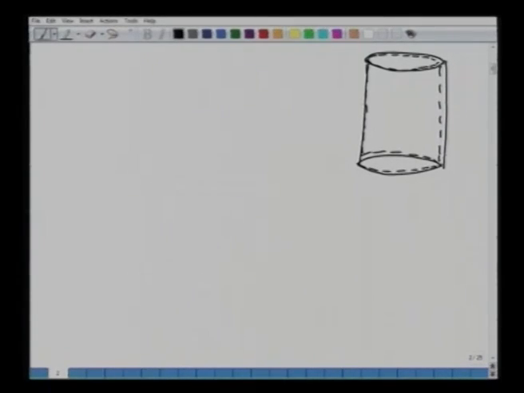Okay. And then let us say this is the water surface elevation or the water in the pan, which is of height h. We will define all these things in a second.